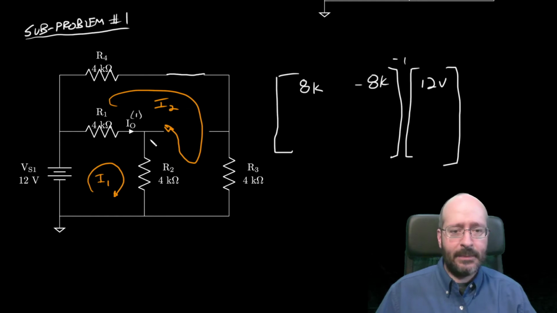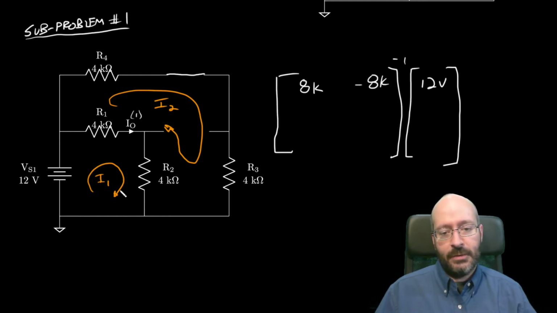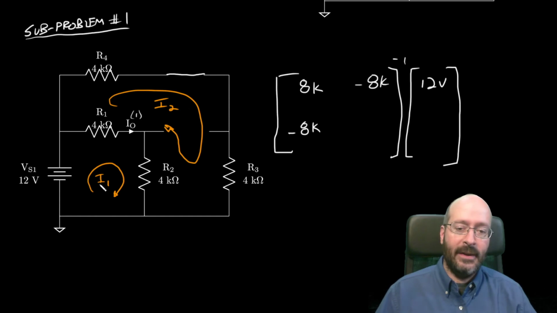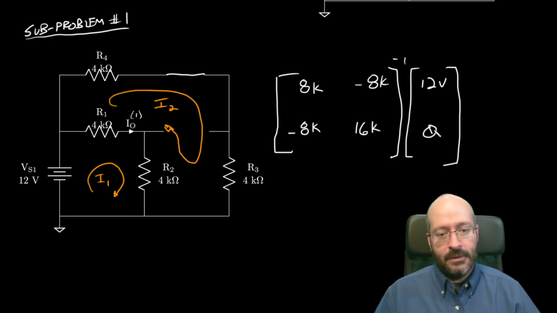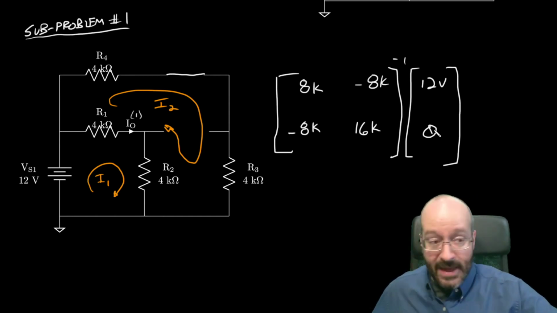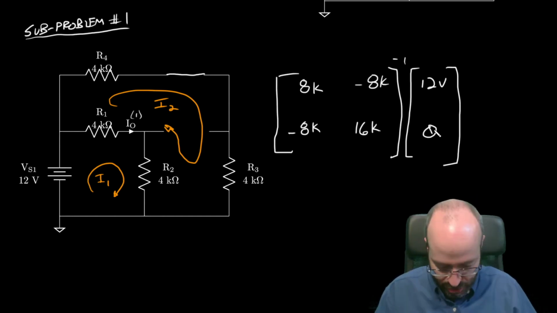Playing the same game for the KVL around I2. What does I2 share with I1? It looks like it shares the 8K, the same 8K, these two 4Ks together. And then what does I2 touch by itself? And it looks like it touches all 4 of these 4Ks for a total of 16K. No voltage supplies on that mesh.